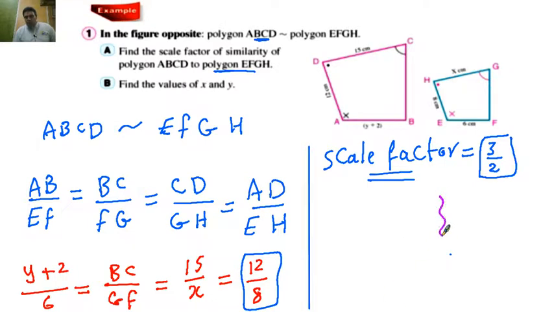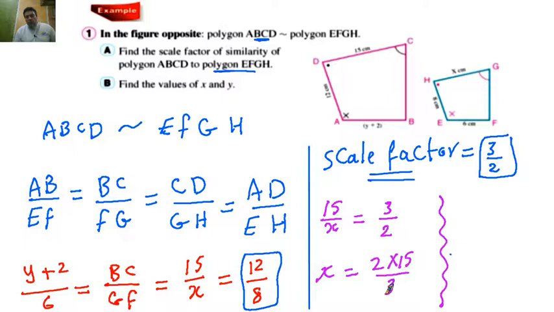First, 15 over x equals the scale factor 3 over 2. By cross multiplication, x equals 2 times 15 over 3 equals 10 centimeters. That is the length of x.